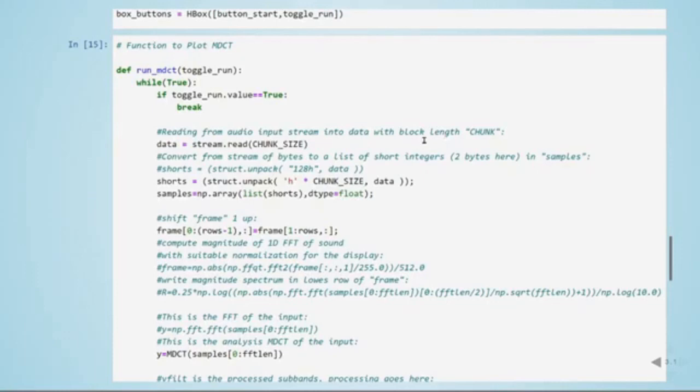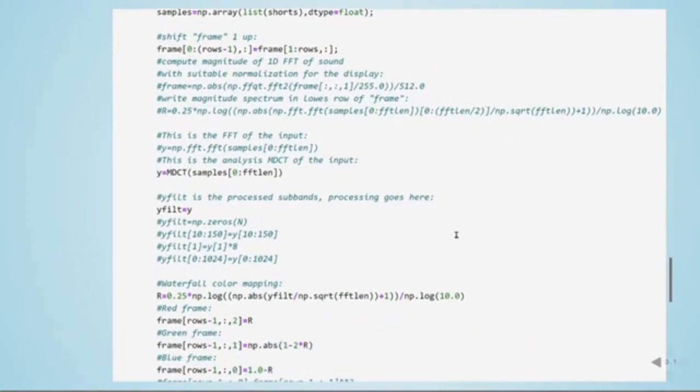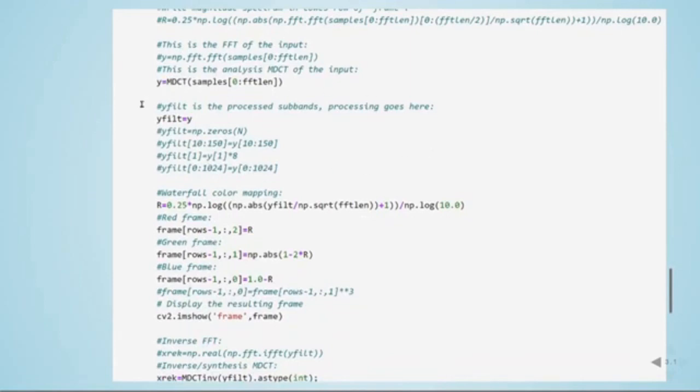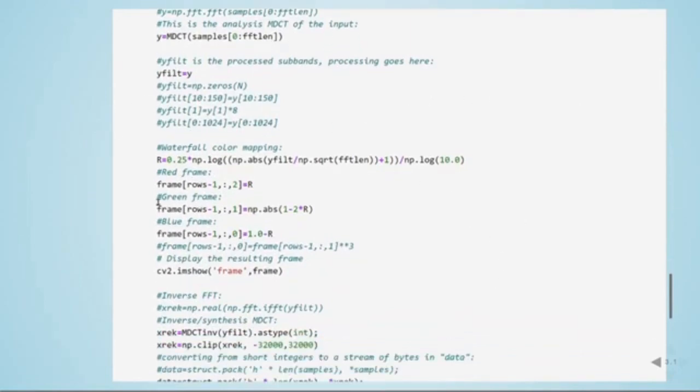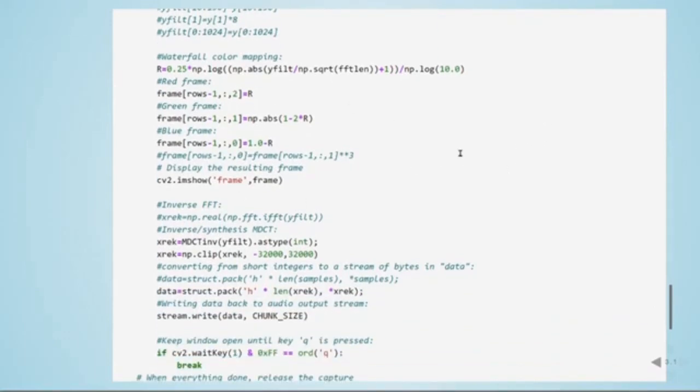So as usual, we read the audio input stream into data with blocks of length equal to chunk size. Here we will shift a frame up for our spectrogram. Here is the analysis MDCT of the input. Here we can do some processing if we want. Here we are defining our waterfall color mapping, and we are defining our frames for OpenCV.